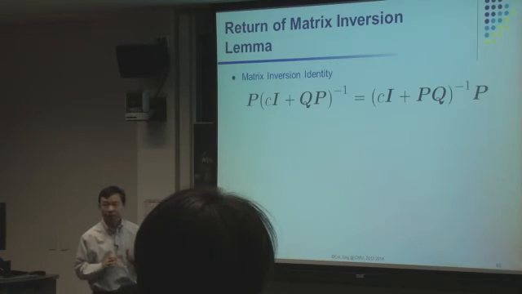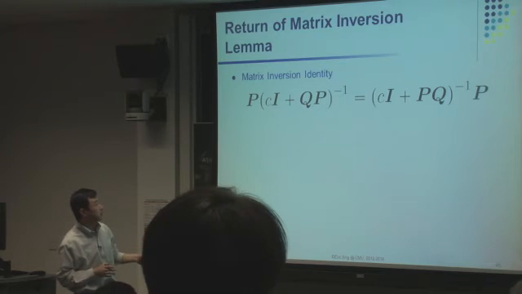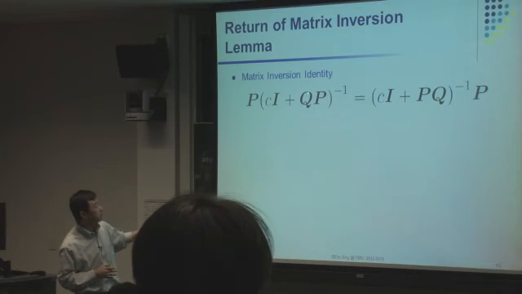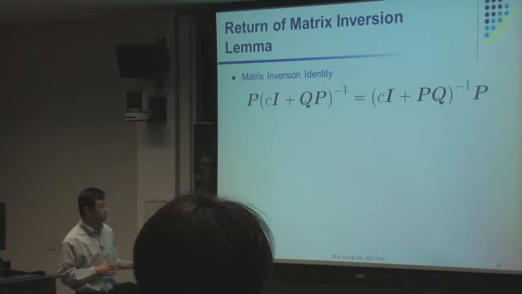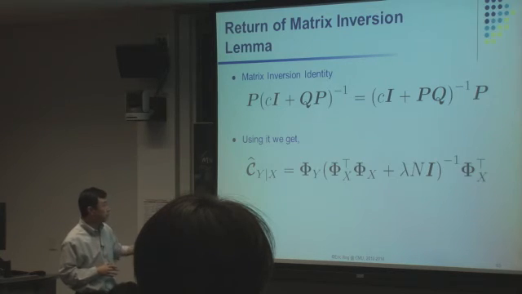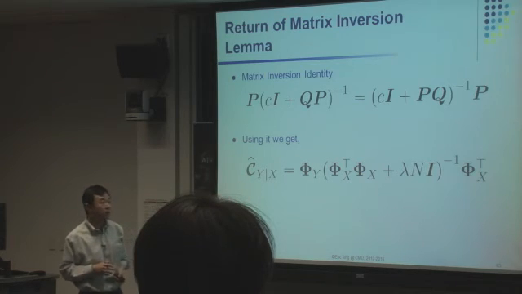Without showing you the proof, there is this very useful matrix inversion identity which tells you how matrices of different ranks can be manipulated. And after adapting what you had before into this identity, you actually get an alternative definition of the conditional operator, which is like this.